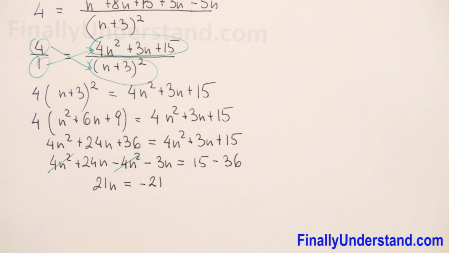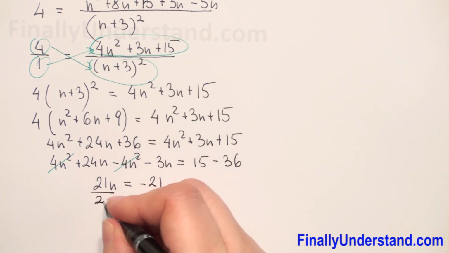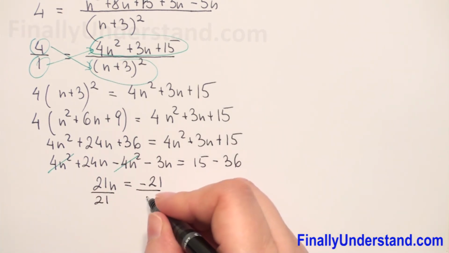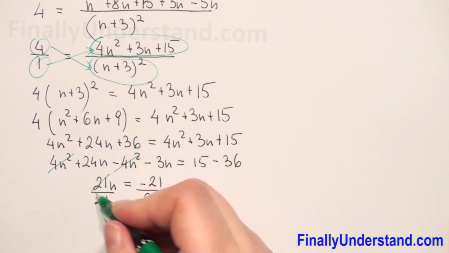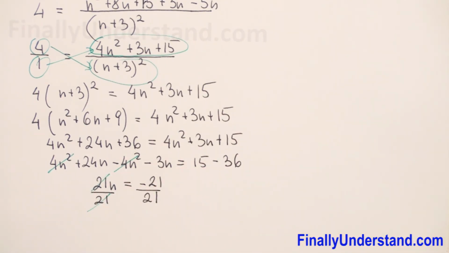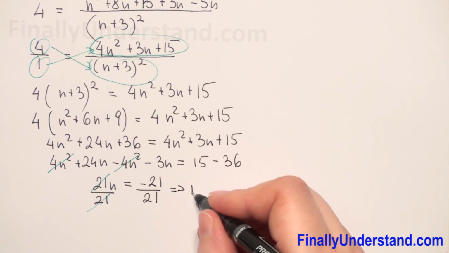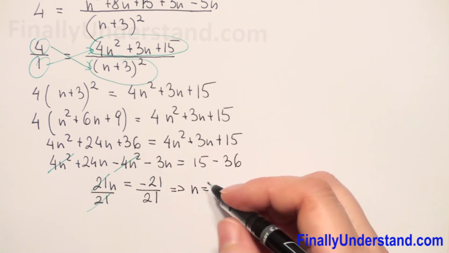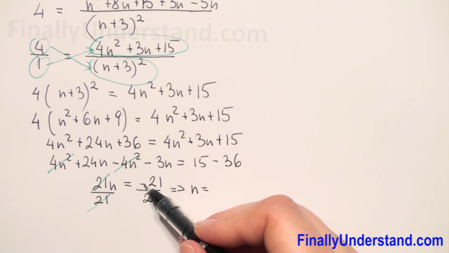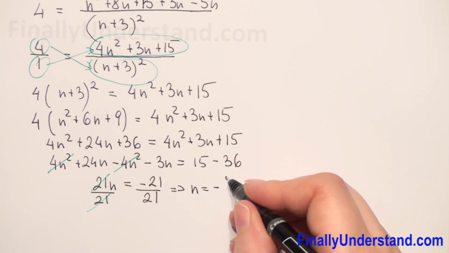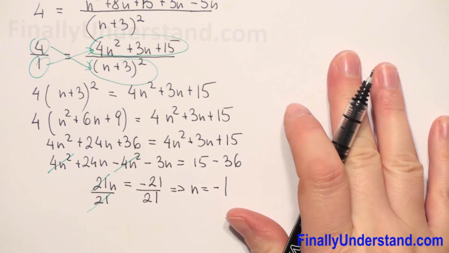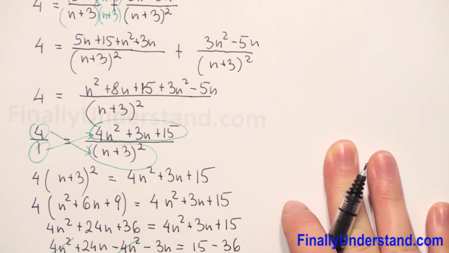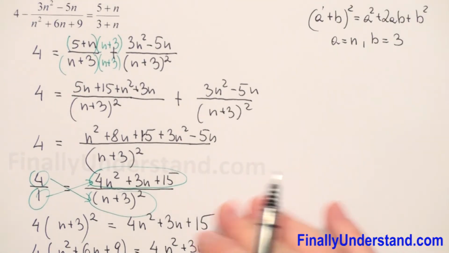So now we will divide both sides by 21 to have only one n. So we have 21 and 21 we can reduce, and we have that n is equal to 21 divided by 21, which is 1, and we have negative over positive, so this is negative 1. We found n.